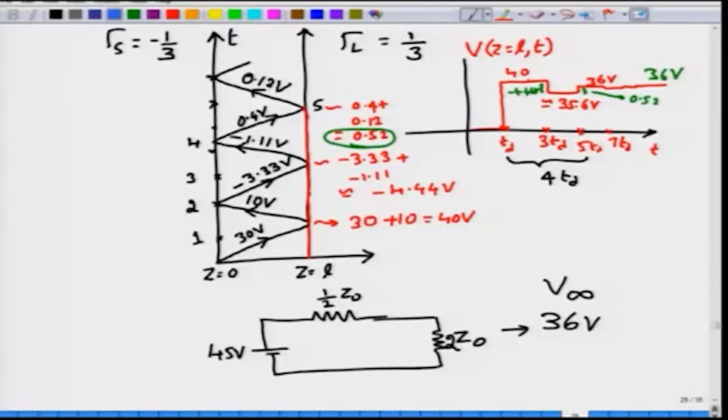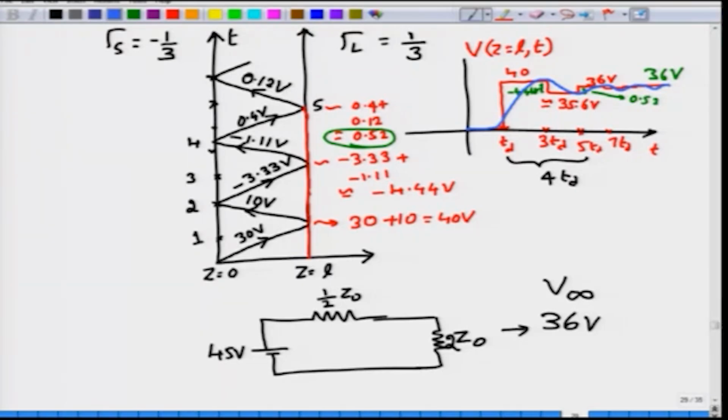You can also observe an interesting phenomenon here. The voltage initially shoots up above the final value of 36 volts, then shoots down, then shoots slightly up, shoots down slightly, and so on and so forth. If you remember your control theory, you may have seen a diagram that looks like a damped sinusoid.